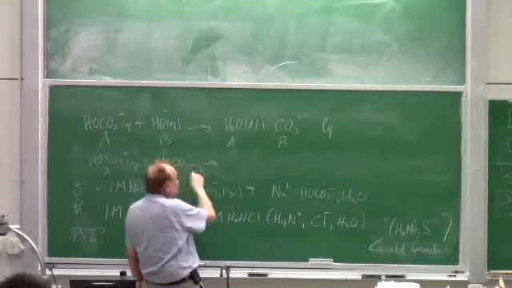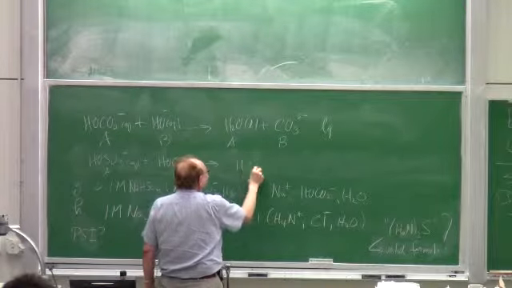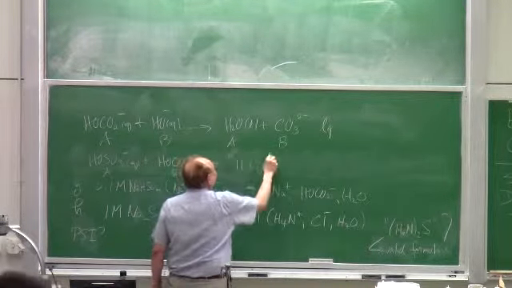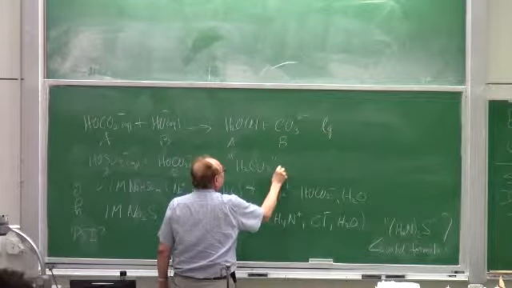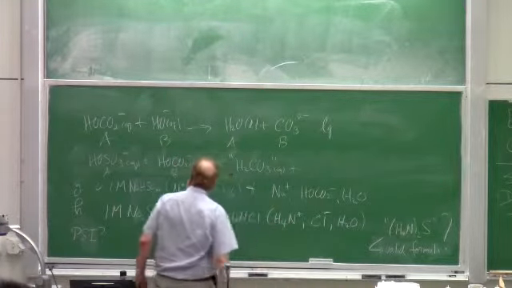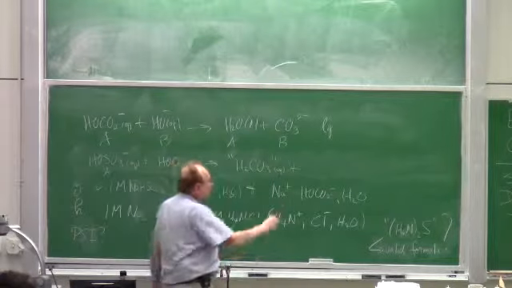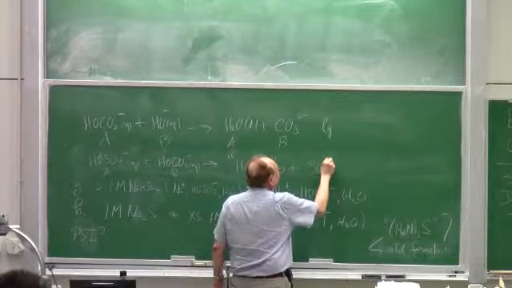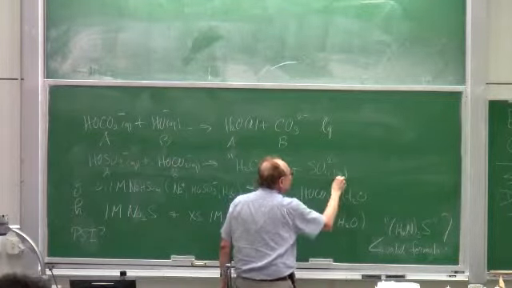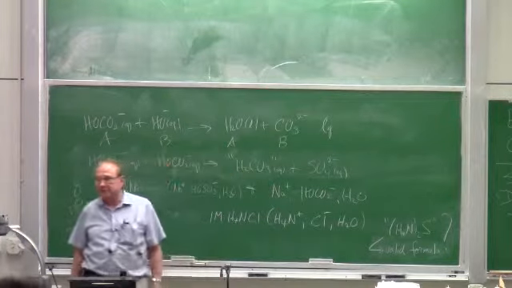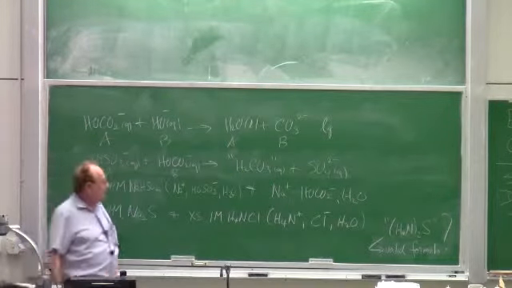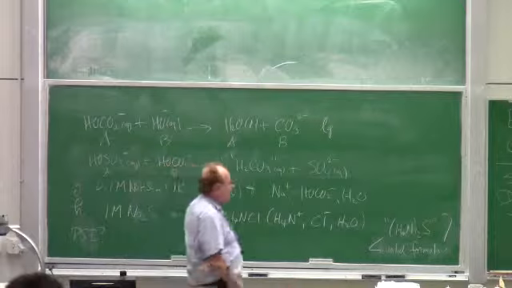Well, if I add H plus to this, I'm going to make this stuff. And when I deprotonate this stuff, I make this stuff. What's the extent of this reaction? Large or small? Large.